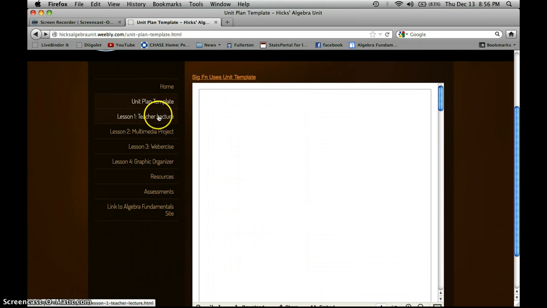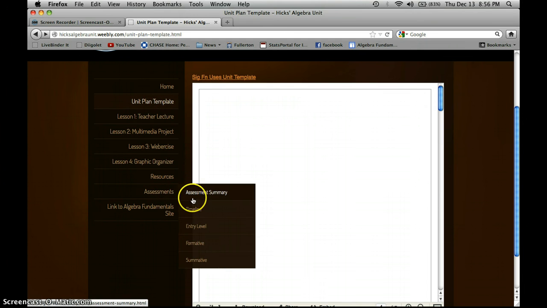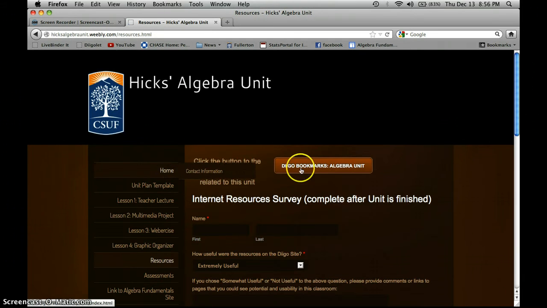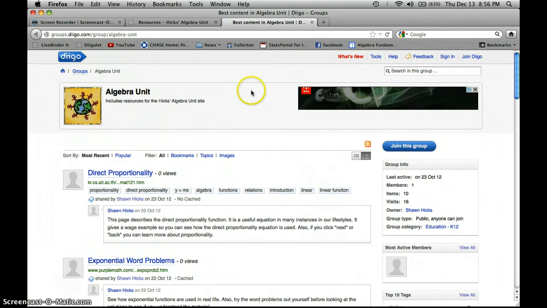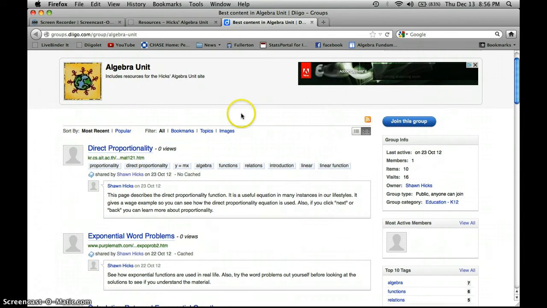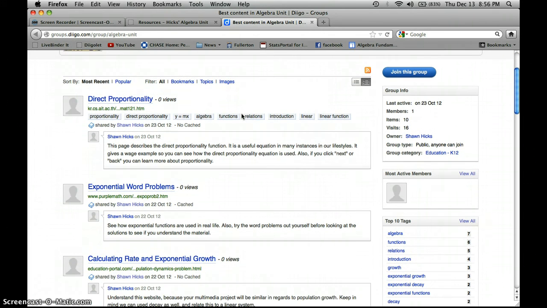But for the resources, they can click on this button right here, and that brings them to my Diigo website, which I organized specifically for this algebra unit. I have another group for the other website that we created. So they have these 10 links, and underneath the link it tells you what it does.